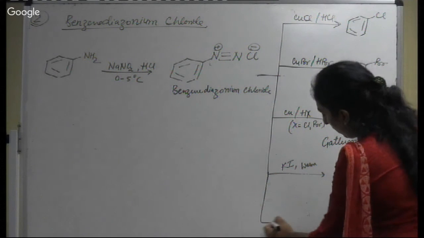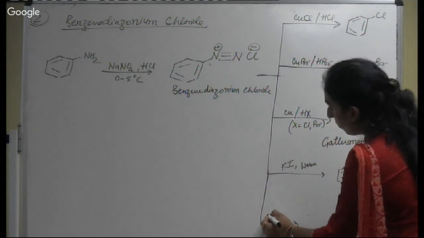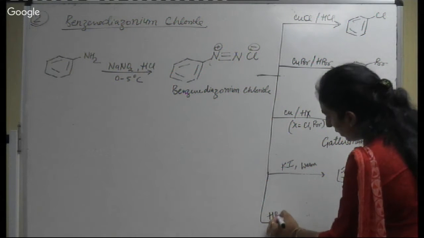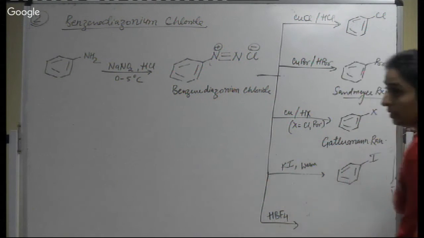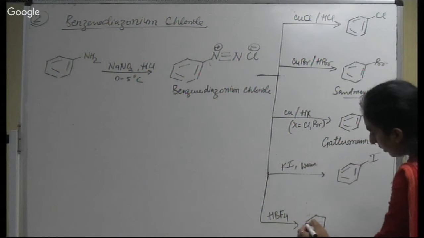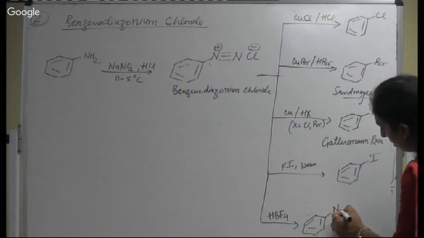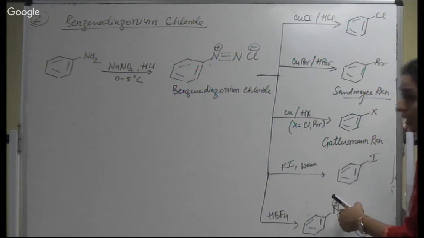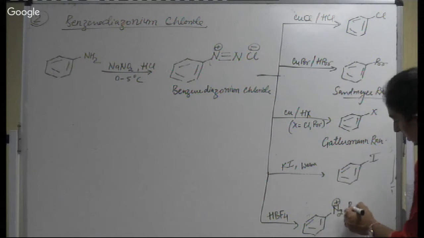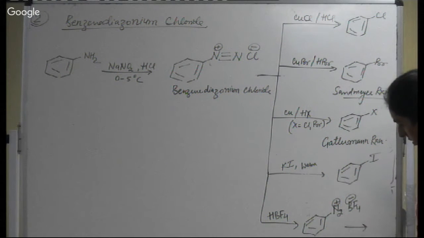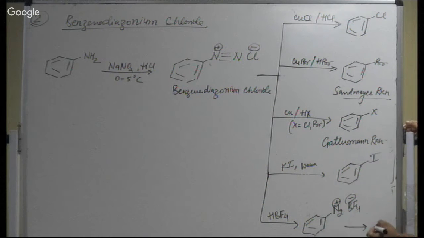If you want to prepare fluoro compounds, you'll have to treat it with tetrafluoroboric acid. It will give you, can I write it this way, N2 plus? You'll get the tetrafluoroborate salt of benzene diazonium, and heat it, you'll get fluorobenzene.